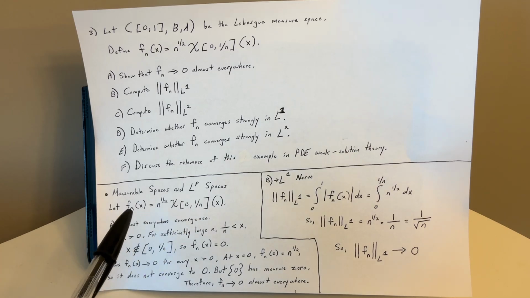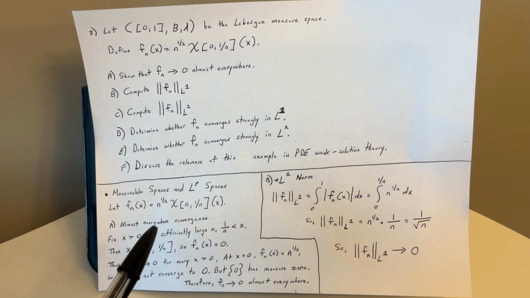So we're going to let f sub n of x equal what we were given. For almost everywhere convergence, fix x greater than 0. For sufficiently large n, 1 over n is less than x. Then x is not an element of the interval 0 to 1 over n, so f sub n of x equals 0.